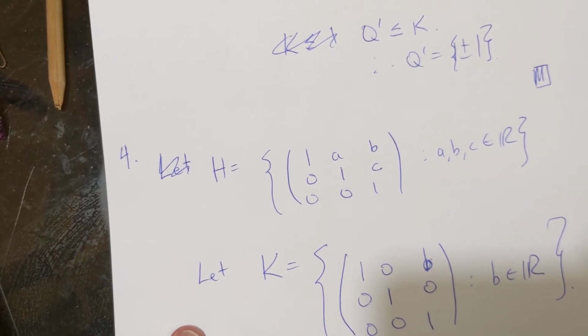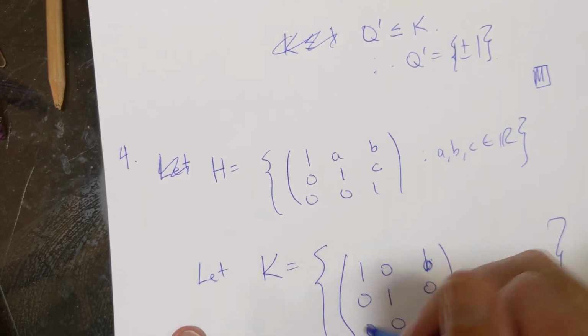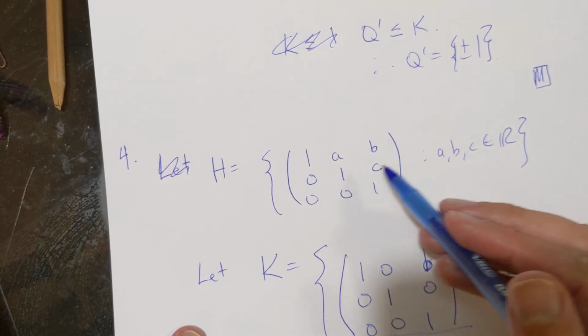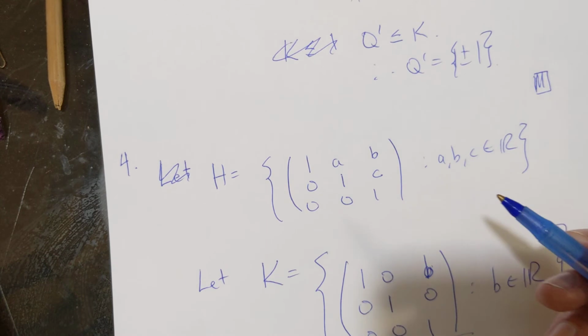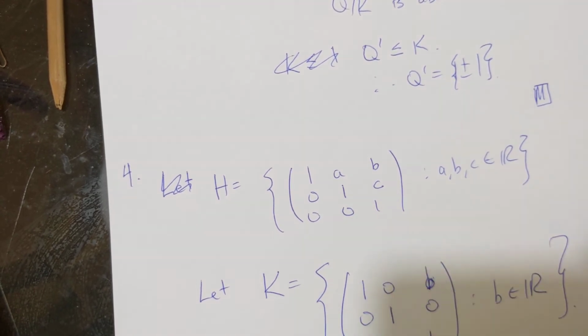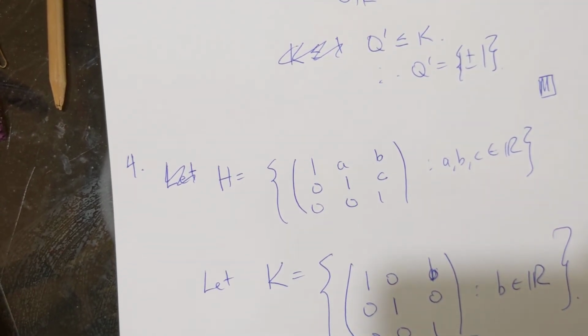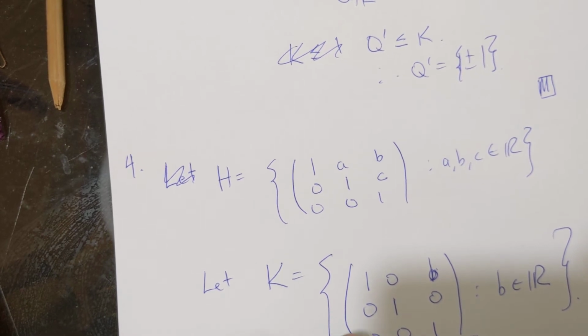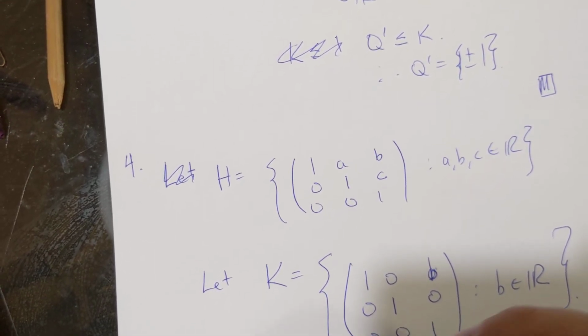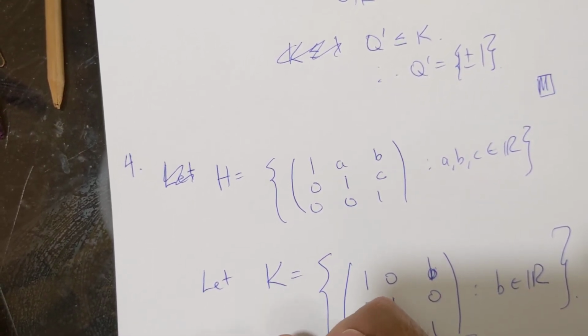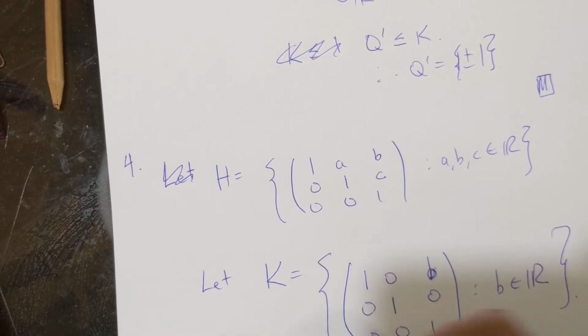Okay, we're going to prove that the center of H is K. First let's check that K commutes with anything in H. Maybe I'll make this a D.